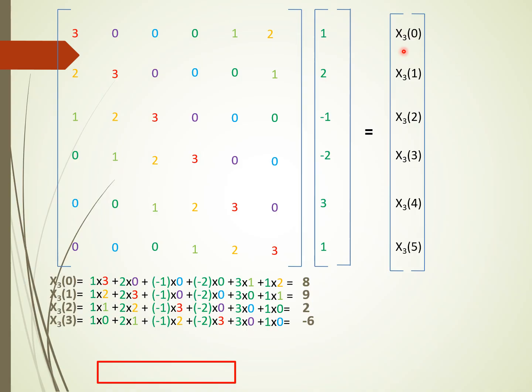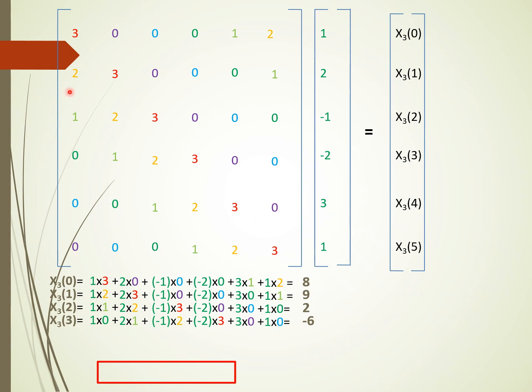In order to find out the value of x3 of 0, you have to multiply the values of the first row with the first column. So it is 3 into 1 plus 0 into 2 plus 0 into minus 1 plus 0 into minus 2 plus 1 into 3 plus 2 into 1. So you will arrive at the value of 8.